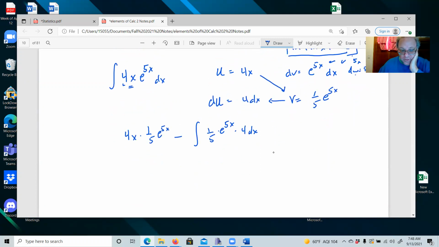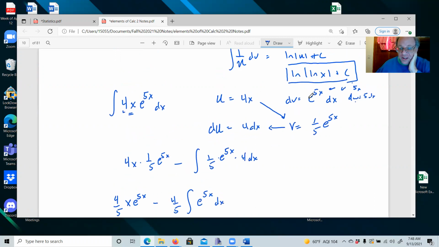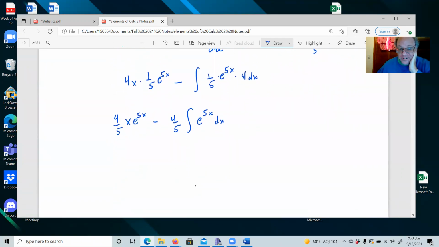So this is going to be 4/5 x e to the 5x minus, I could move this 4/5 outside of the integral because they're constants, the integral of e to the 5x dx. The nice thing is, if you needed a w substitution, you just did this problem, so you don't need to do it again.